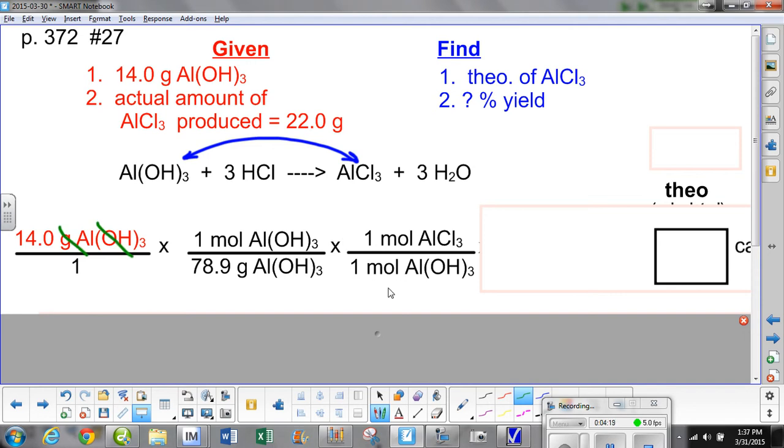I cross out the grams and I cross out the name of the substance or the formula of the substance. We're getting rid of grams of aluminum hydroxide. We're getting rid of moles of aluminum hydroxide. And now we have moles of aluminum chloride.